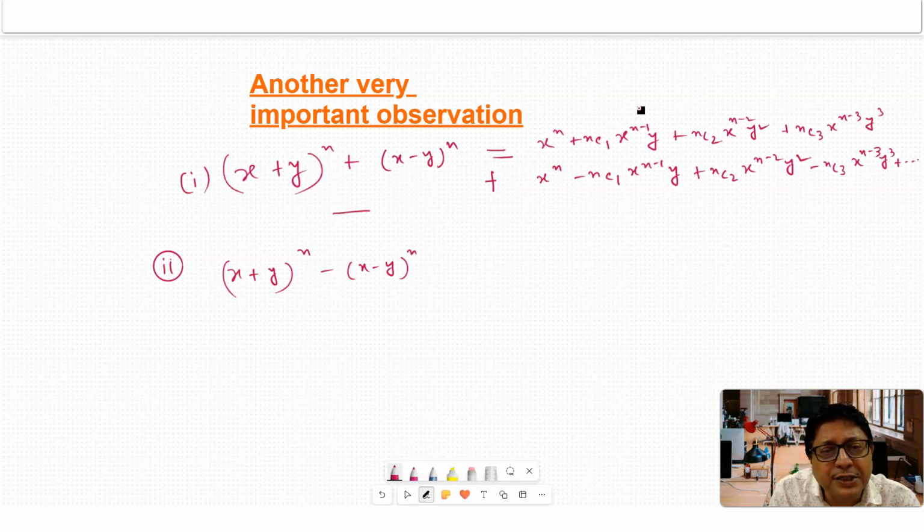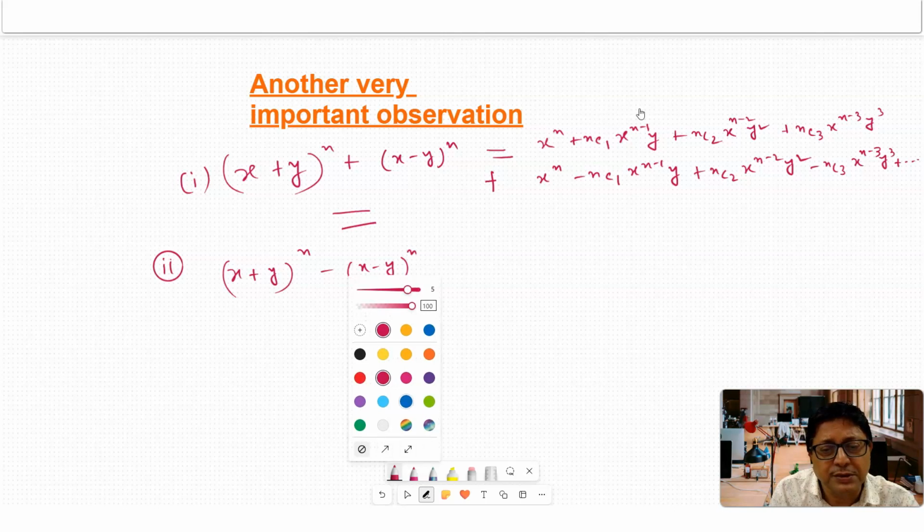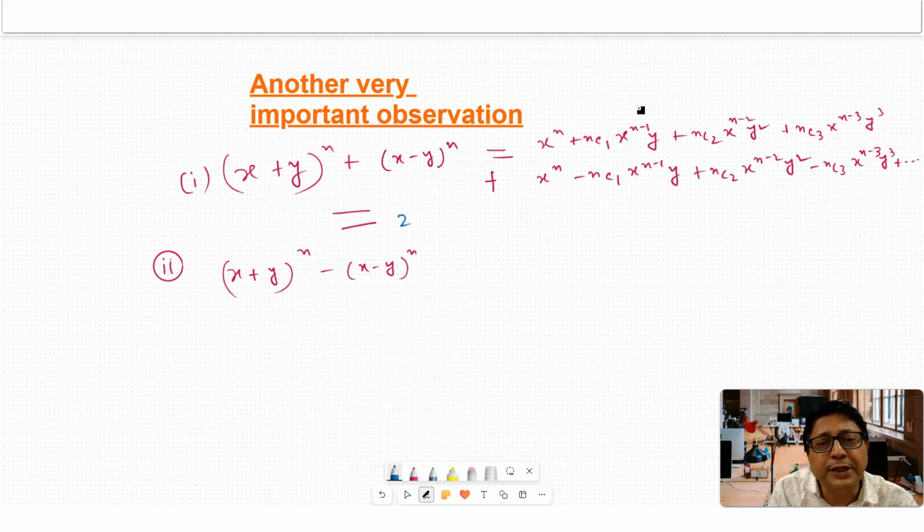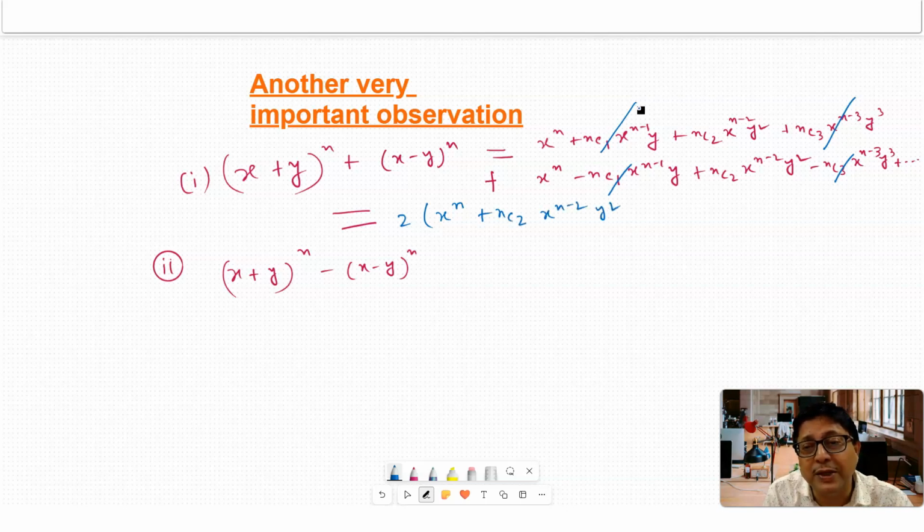If you add these two, what is the result? On addition, it will give you x to the power n. These two get cancelled, this and this. So it will be nC2 x to the power n minus 2 y square, then nC4 x to the power n minus 4 y to the power 4, this one.